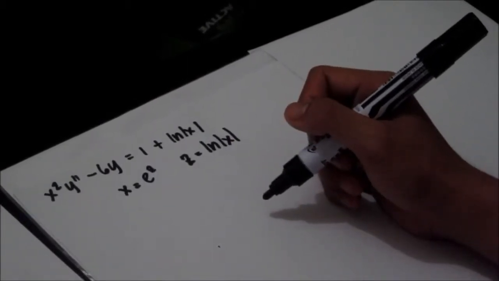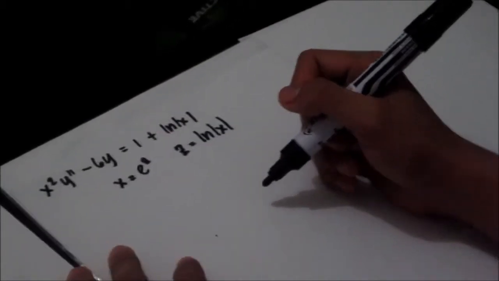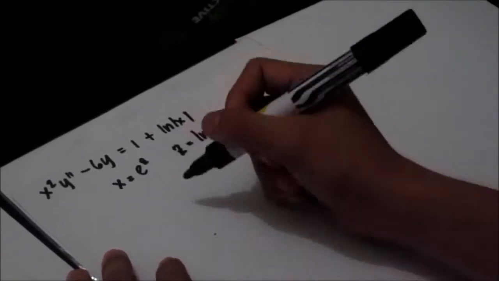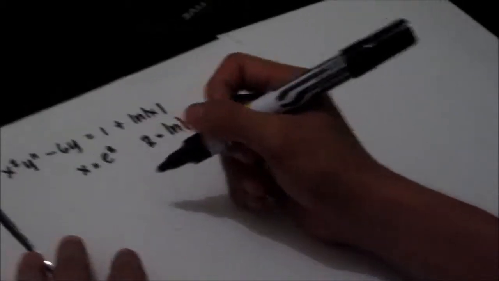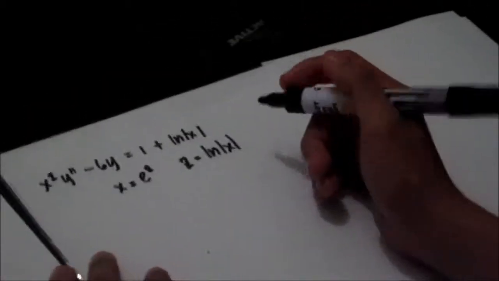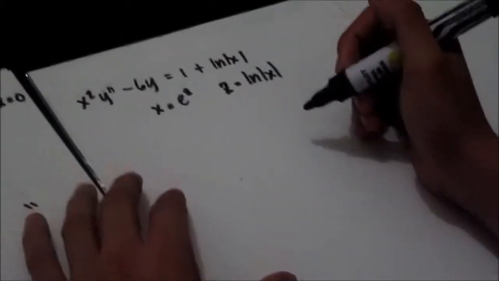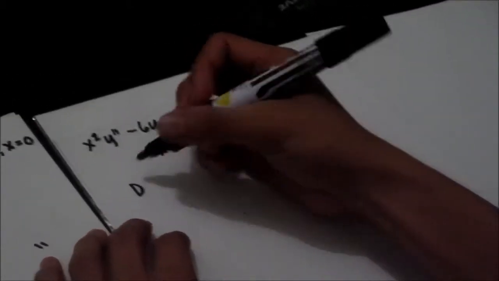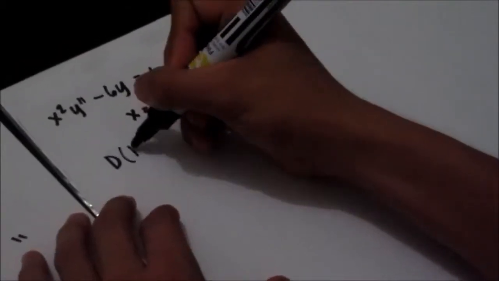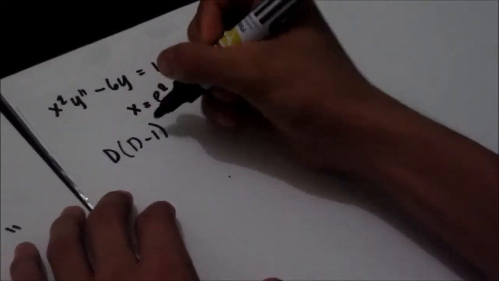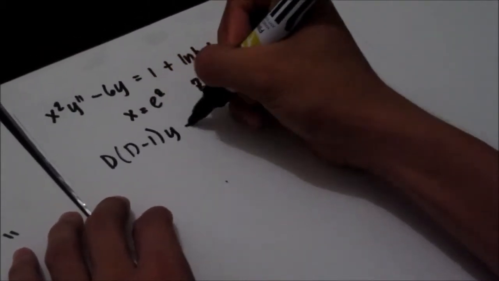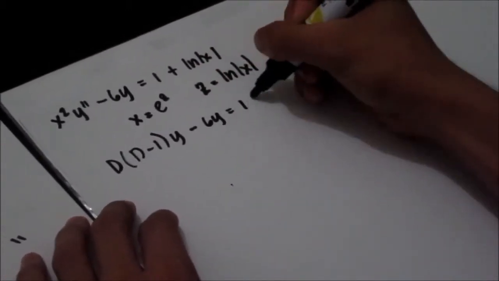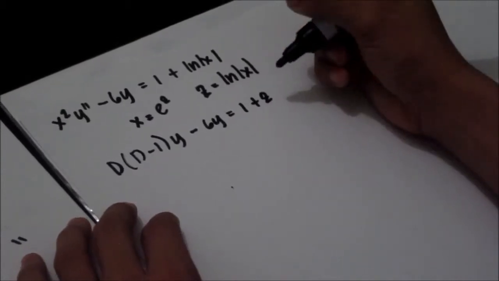The first step in solving a Euler-Cauchy differential equation is that we will convert the original equation into the equation that has a D operator. Thus we have D times D minus 1 times y minus 6y equals 1 plus z.